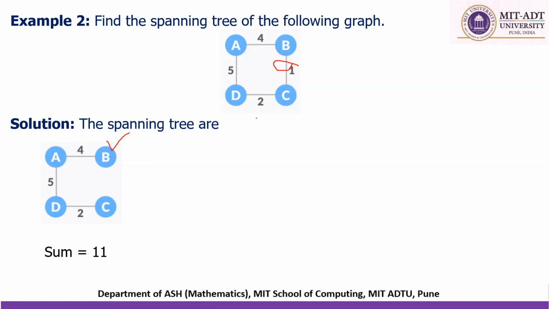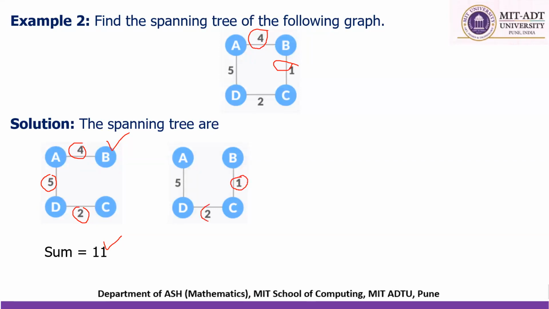If we remove this edge, we get the first spanning tree. What is the sum? 2 plus 5 is 7, 7 plus 4 is 11. So this is a spanning tree whose weight is 11. Now if we remove this edge, we get another spanning tree with edges 1, 2, 5. What is the weight of this spanning tree? 1 plus 2 is 3, 3 plus 5 is 8.